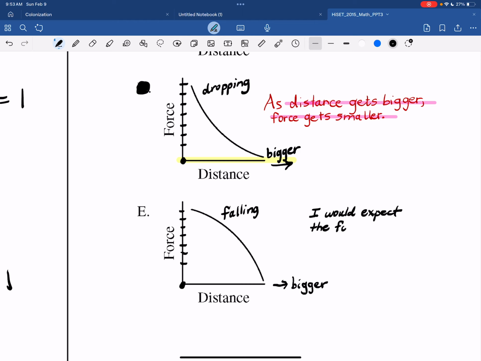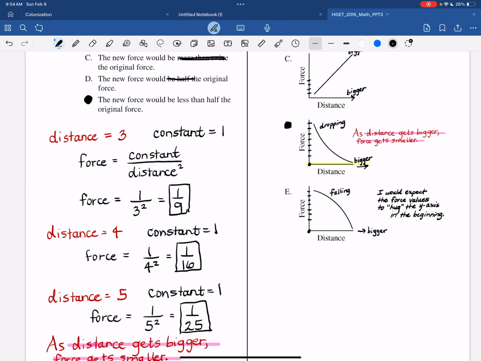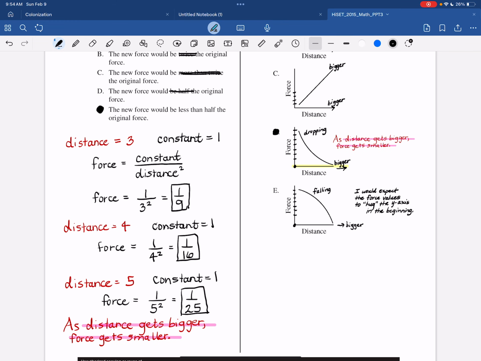the force values to sort of hug the y-axis in the beginning. Sorry, my pen went a little wonky here. Let me go back to our values to show you what I'm talking about. If you take a look at these fractions, they are getting smaller and smaller, but they're not drastically getting smaller.